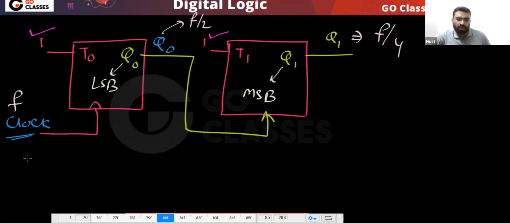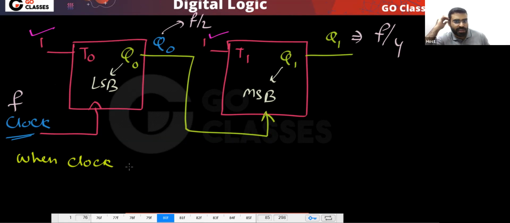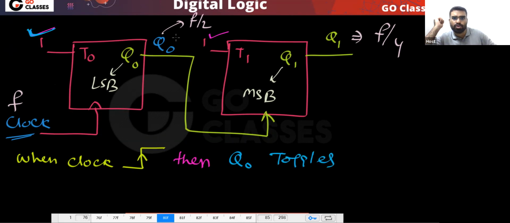Now remember this is positive edge triggered. So when the clock goes from 0 to 1, and T0 is connected to 1, then Q0 will toggle.